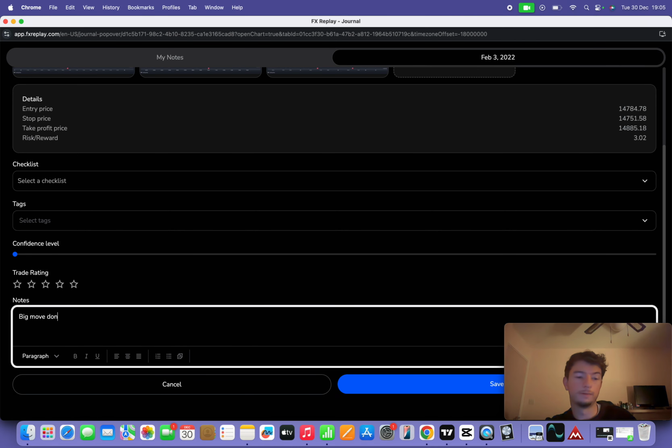Big move down. Previous PM session. Price accumulates during Asia and London. Sweep below London in AM and below previous daily low.